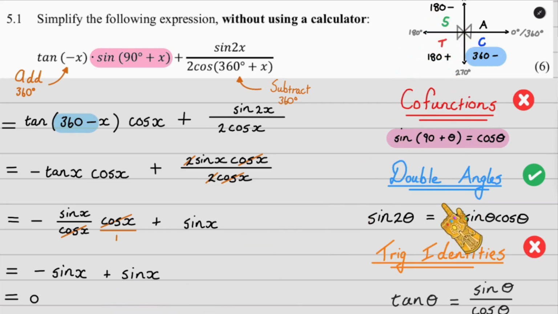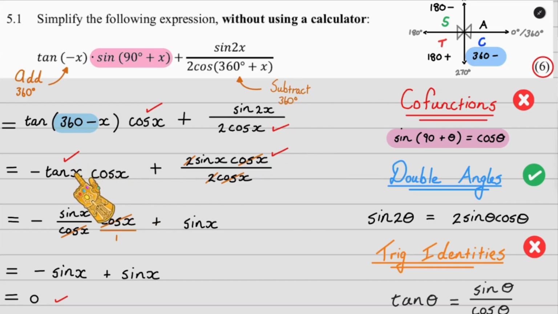Okay, you see, this question tested quite a lot of things. Reduction, cofunctions, double angles, identities, a bit of algebraic fractions at the same time. Okay, let's have a look where our 6 marks will come from. The first mark comes from the cos x through the use of cofunctions. The second mark comes from simplifying this into this by subtracting 360.